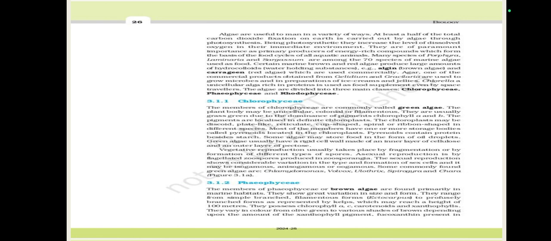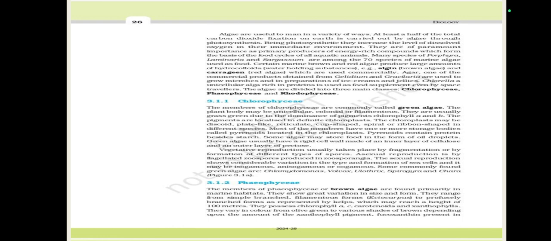Agar, one of the commercial products obtained from Gelidium and Gracilaria, is used to grow microbes and in preparations of ice-creams and jellies. Chlorella and Spirulina are unicellular algae rich in protein and are used as food supplements even by space travelers. The algae are divided into three main classes: Chlorophyceae, Phaeophyceae, and Rhodophyceae.